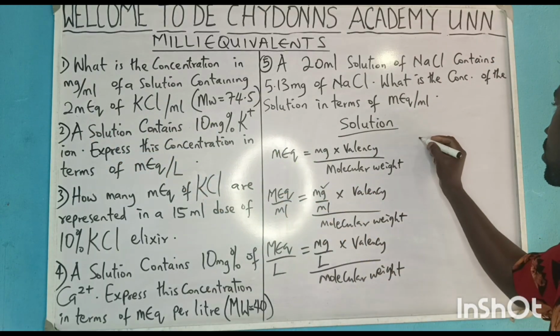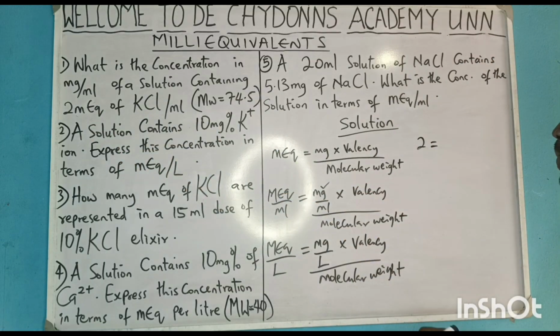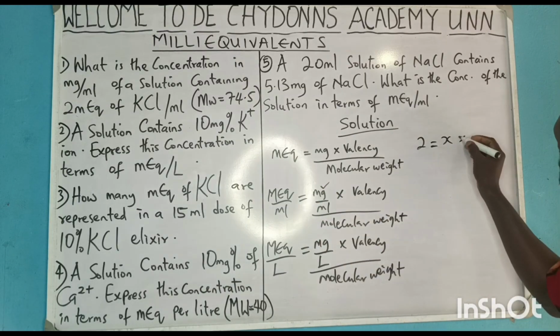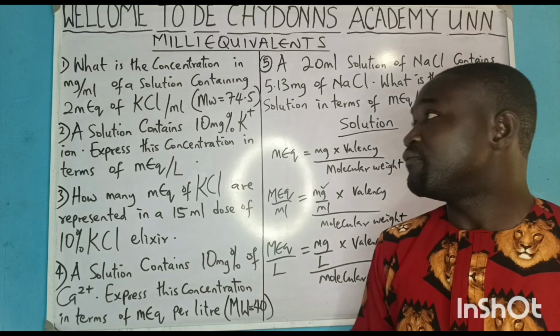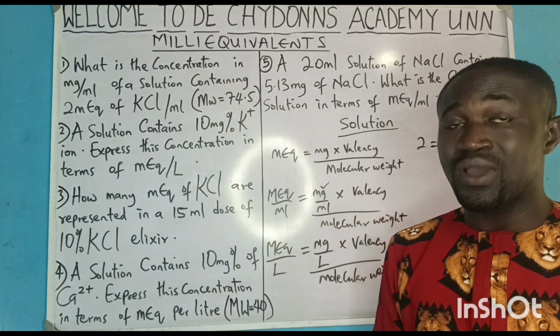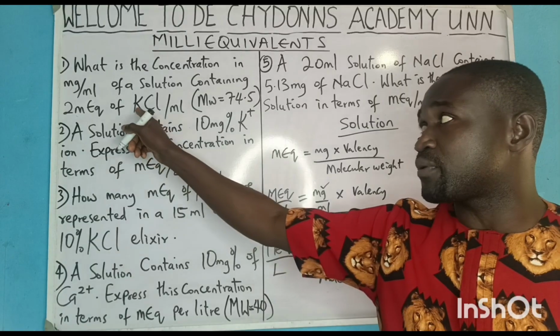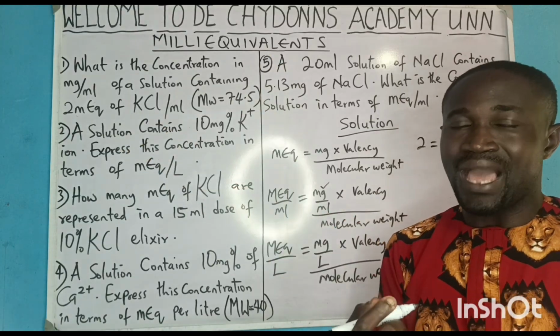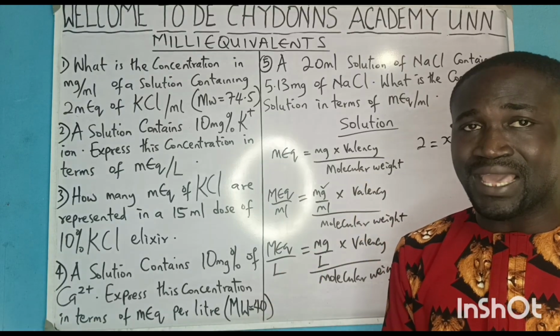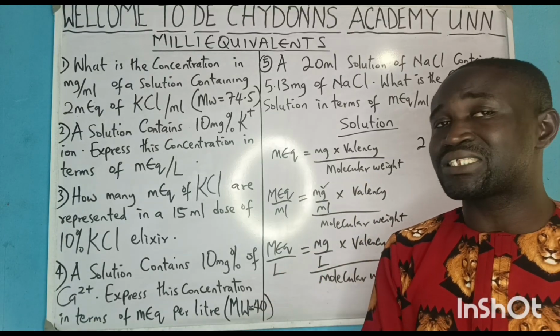I will now say 2 equals milligram per mL times valency, over molecular weight. What is the valency? Valency of potassium and valency of chlorine, they are 1. We are taking 1 because valency of potassium is +1 and valency of chlorine is -1. We don't use the negative sign there. So we just say their valency are the same. Just take 1.